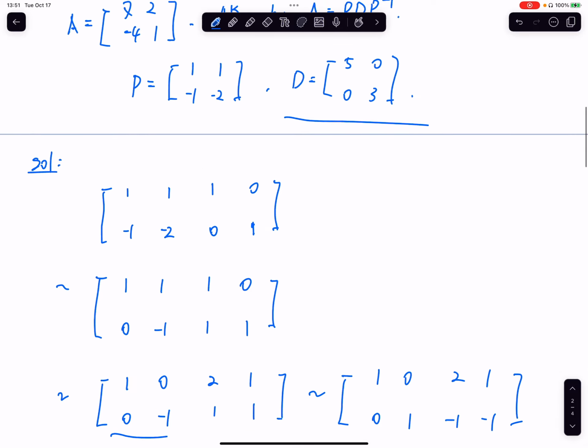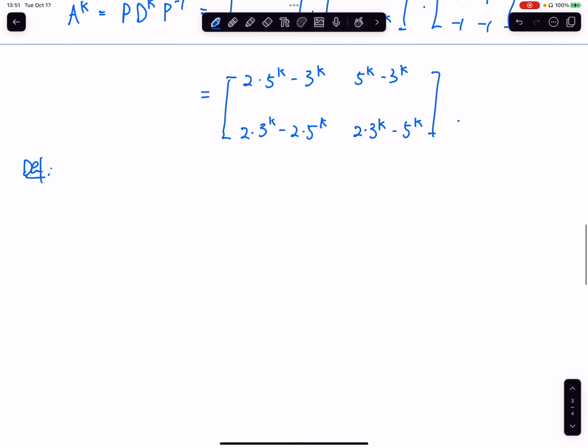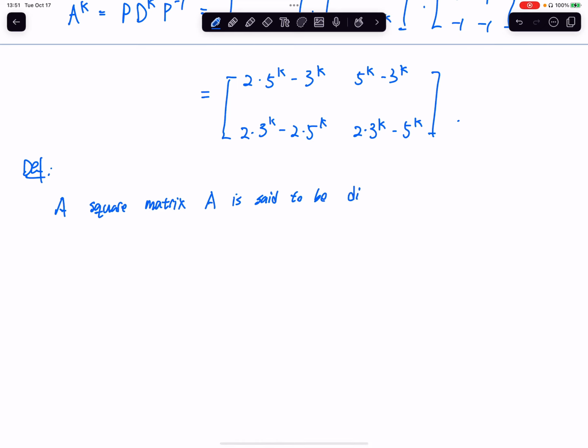Since this diagonalization is so important and so powerful, we want to know under what condition a square matrix is diagonalizable. So we first offer the definition. We say that a square matrix A is said to be diagonalizable if A is similar to a diagonal matrix.